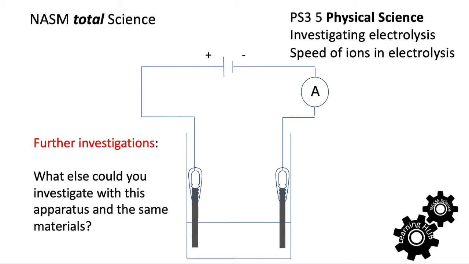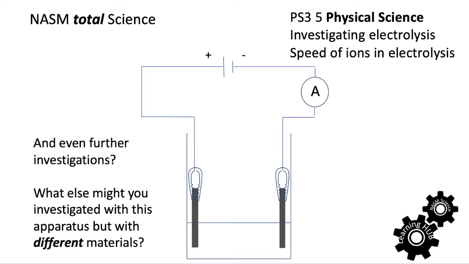And you've got to think here, what else could you do with this apparatus and the same materials? What measurements would you actually take to determine the speed of the ions, here the MnO4- ion?